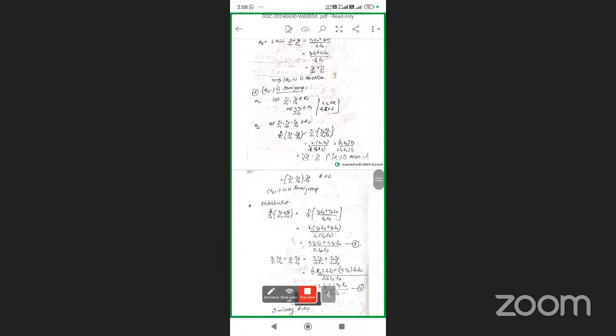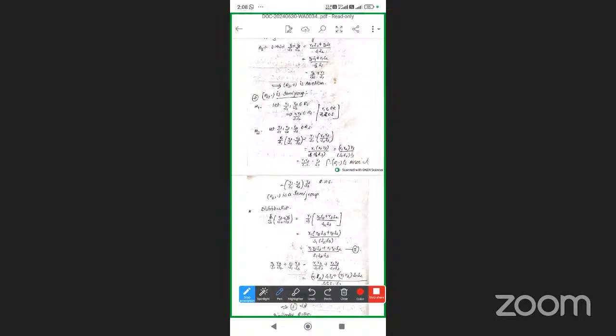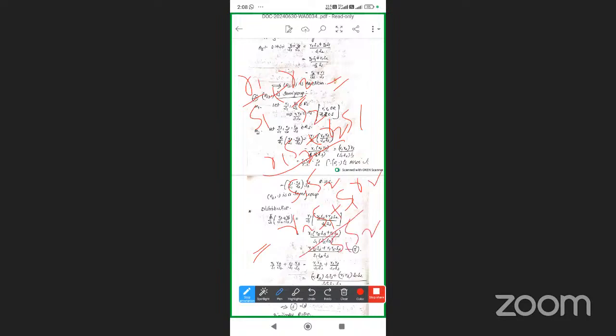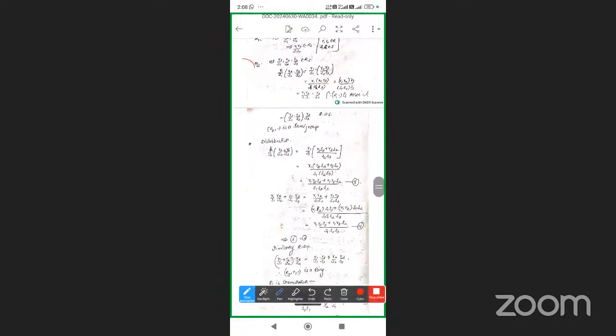Now A5, the abelian group property. R1 by S1 plus R2 by S2 is equal to, taking the LCM S1 S2, R1 S2 plus R2 S1 over S1 S2. Simplifying, this is R2 by S2 plus R1 by S1.